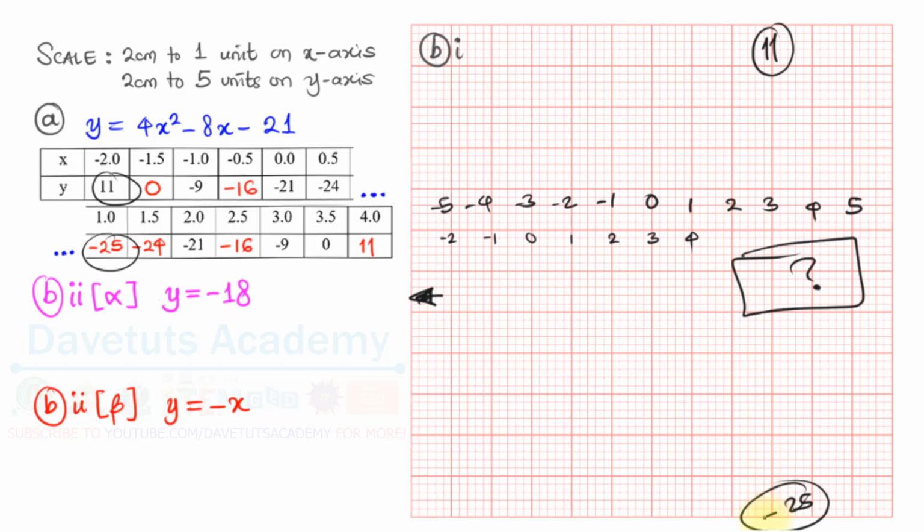So if we are to start like here, let's say we have minus 25, then minus 20, minus 15, minus 10, minus 5, 0, 5, 10, 15, 20, 25.